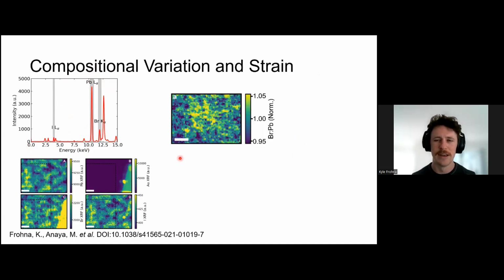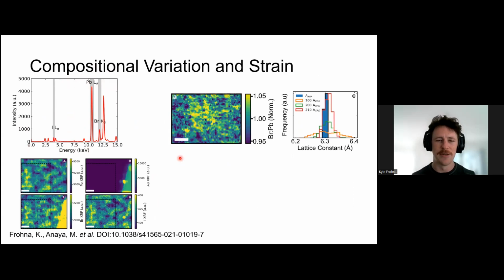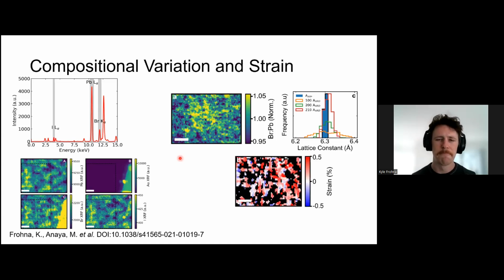And then similarly, we can also look at variations in the lattice constant from the X-ray diffraction. We can also look at what lattice constant we would expect given the composition of the perovskite from a Vegard's law type approach, where you're interpolating the lattice constants of, for example, the iodine and bromine rich regions. And you can produce nanoscale strain maps. And so this is an example here. The black regions are the areas where there's no data because there was no diffraction in that spot.